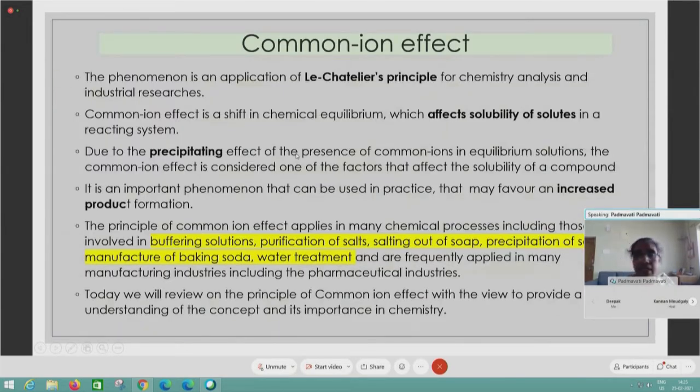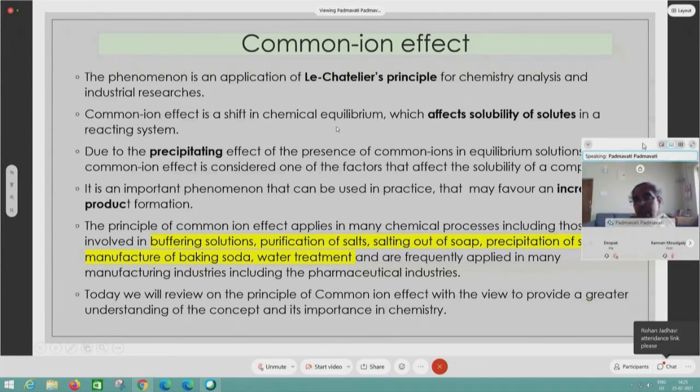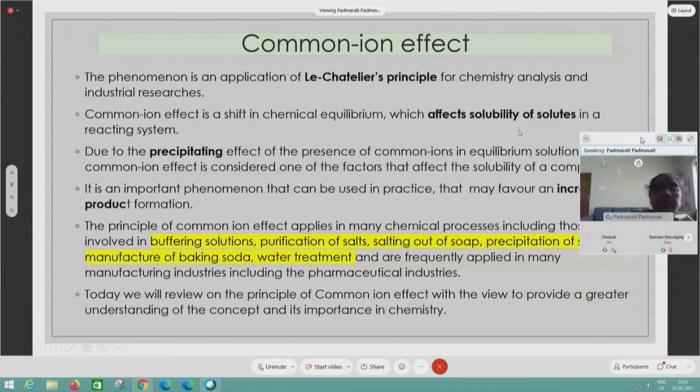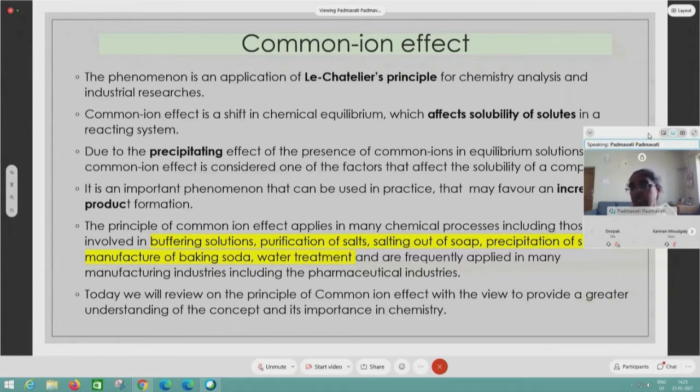The phenomenon is an application of Le Chatelier's principle, and the shift in chemical equilibrium occurs due to solubility. The solubility of the electrolytes plays an important role in this. The common ion effect has major applications in analysis of chemicals as well as in industrial preparations.